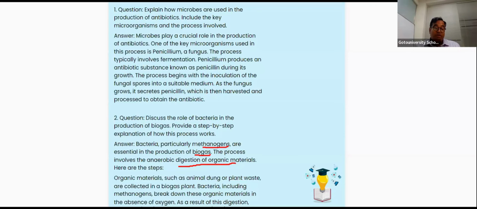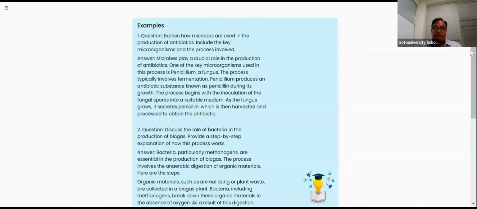Anaerobic digestion of the organic material is responsible for the production of biogas. We do this with the help of anaerobic bacteria, which is nothing but methanogen. This methanogen bacteria is very important for the production of methane gas, which is nothing but biogas.